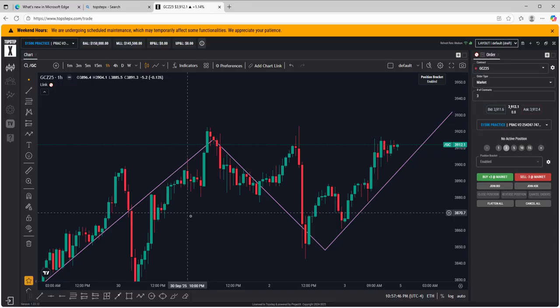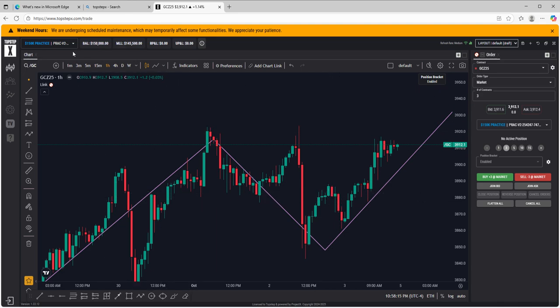We can look all the way up at the 1 hour. We can look down at the 3-minute. So when it comes to entering and exiting trades, we are going to enter trades on a lower time frame. The reason being is that if you were to enter on these higher time frames, you would have to wait hours for structure to form, because each and every one of these candles takes an hour for the next candle to form.